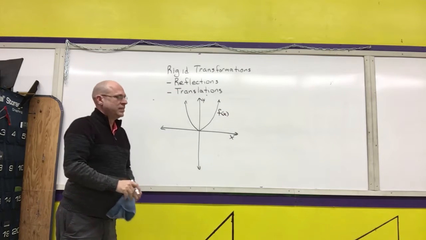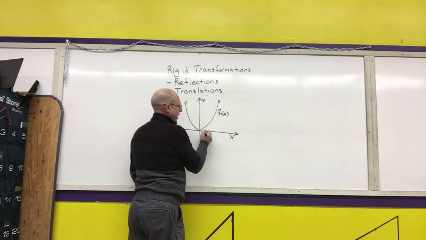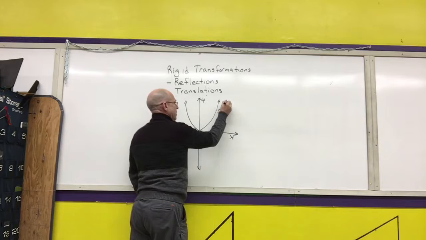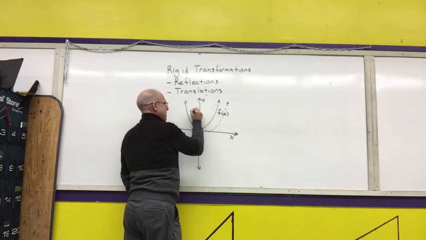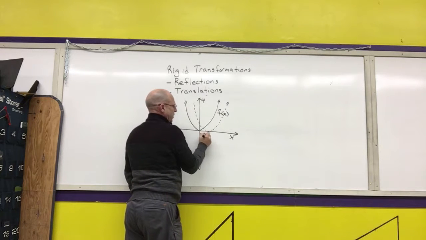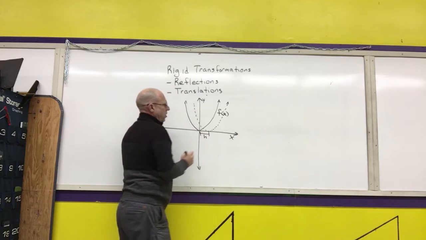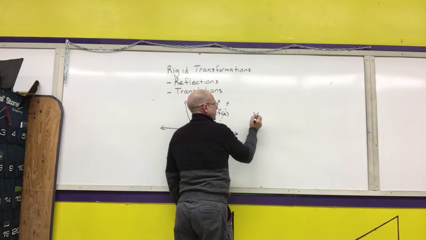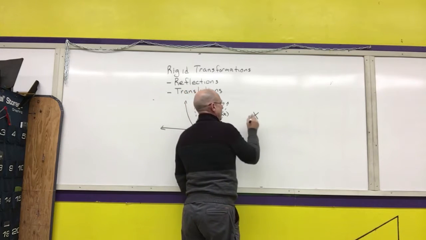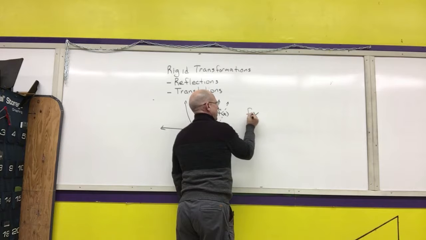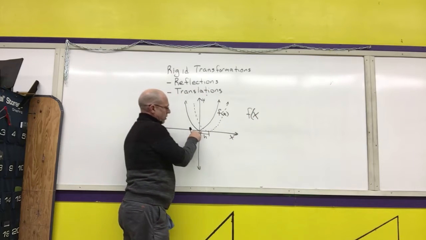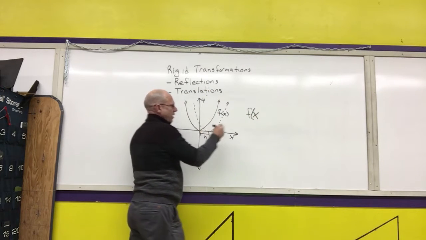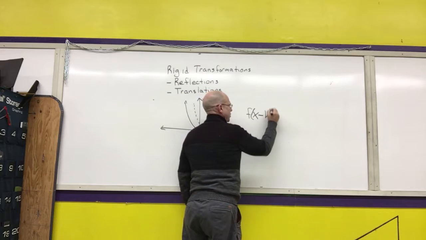If I want to translate this graph to the right, where this distance between here and here is some distance called h, I can take my original function and I will, if I want to translate to the right, subtract that distance h.